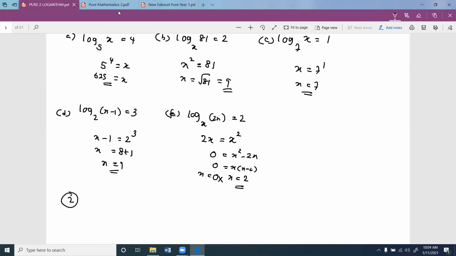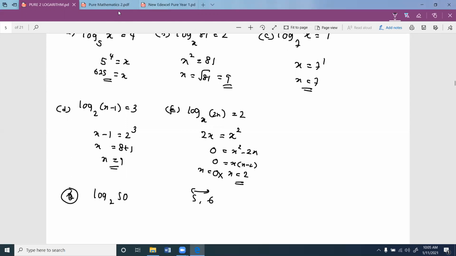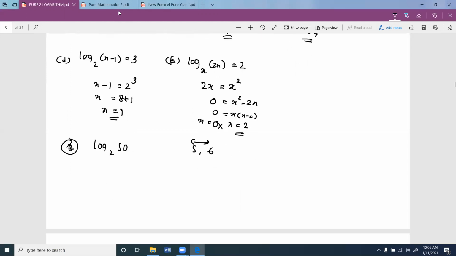We need to see why this is in between 5 and 6. That's the problem they ask. What do you mean by log_2 50? It means 50 is which power of 2? We know that 2 to the power 5 is 32, and 2 to the power 6 is 64.